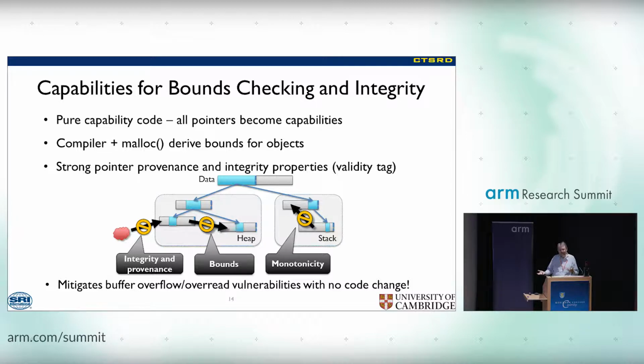We've got this monotonicity property, so that if you've narrowed the bounds down on a capability, you can't grow them back up again. And all of these things then mitigate buffer overflow and buffer overread vulnerabilities with no change to the code. So things like Heartbleed just vanish just by recompiling the code.